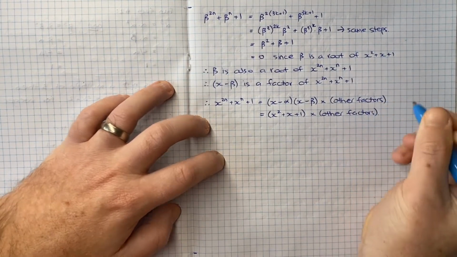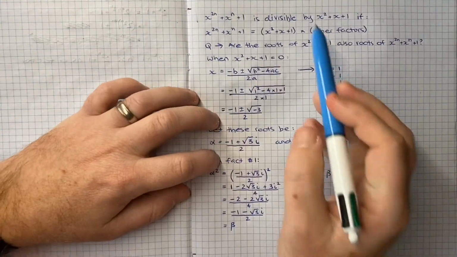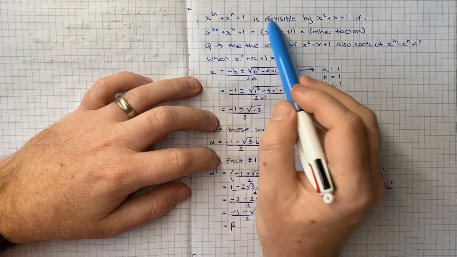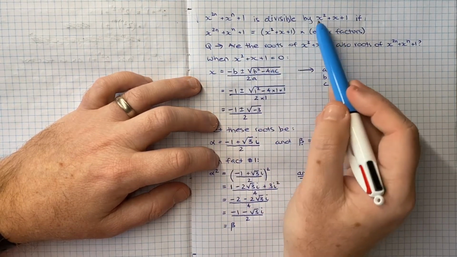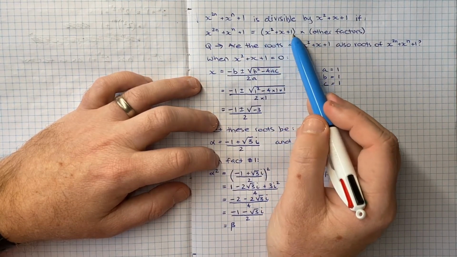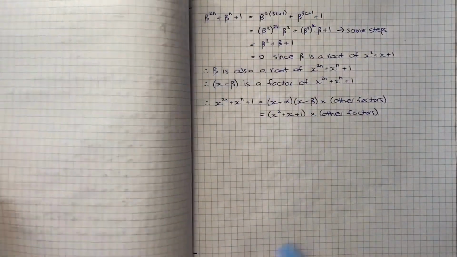And remember, right at the beginning, we talked about how if we want to show that this polynomial is divisible by this one, then we can write it as having that x squared plus x plus 1 times the other factors. And that's exactly what we've shown here.